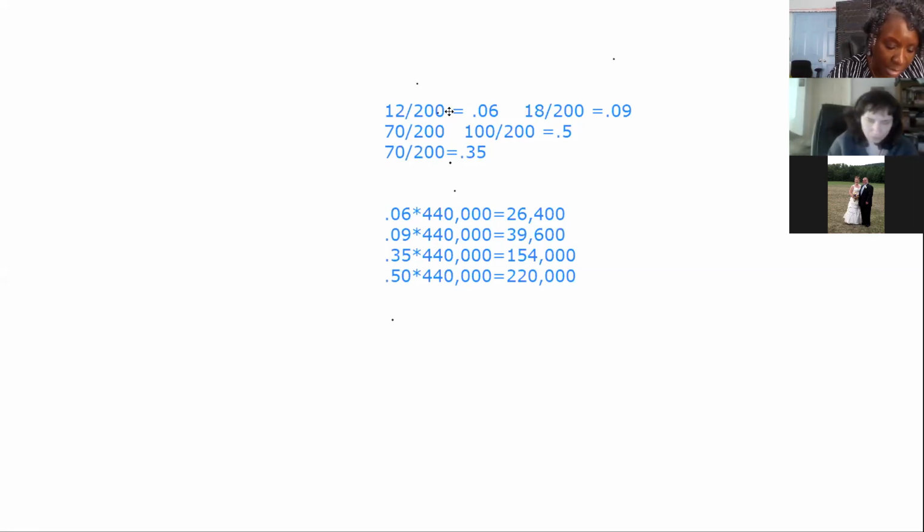So if I say my denominator is 188 and I take 18 over 188, which is my administration, and I take 70 over 188 and 100 over 188. That's what happens.